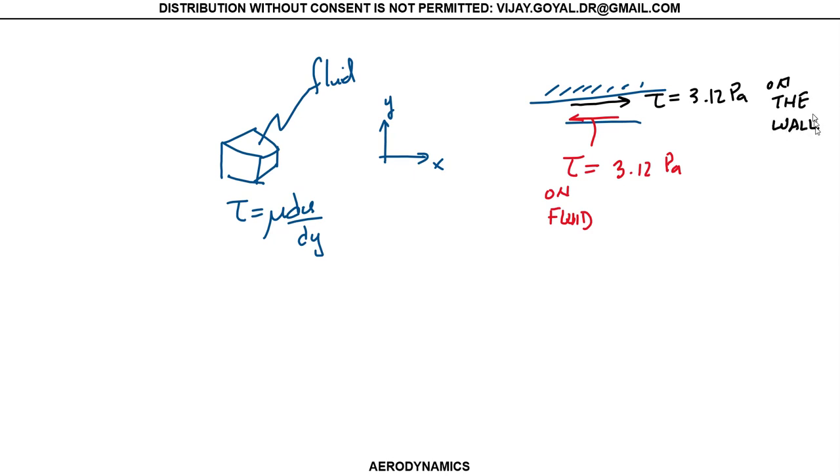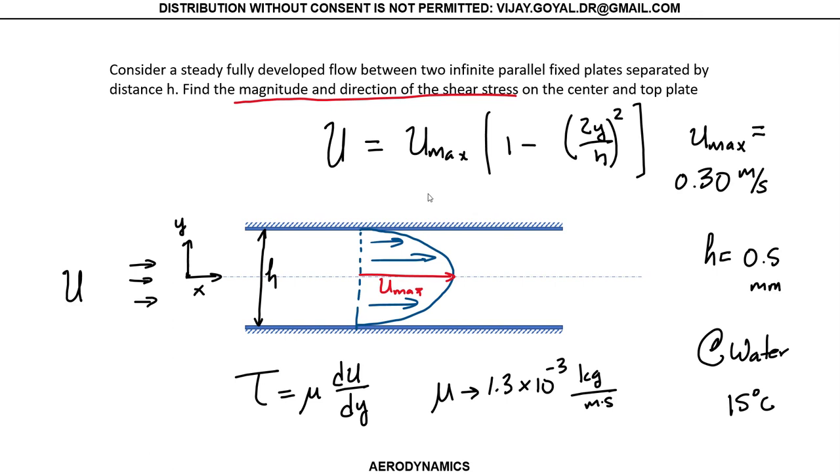Okay. So this is a very simple example. If you know what the pattern looks like, what the equation looks like, then you can just simply calculate this. And this is a very typical problem. We usually know what the flow looks like because of test data, like wind tunnel data.